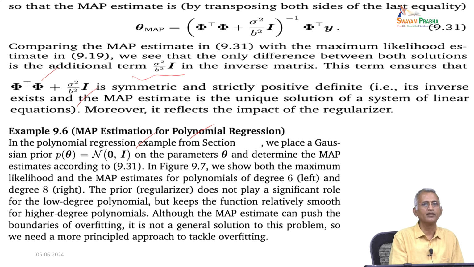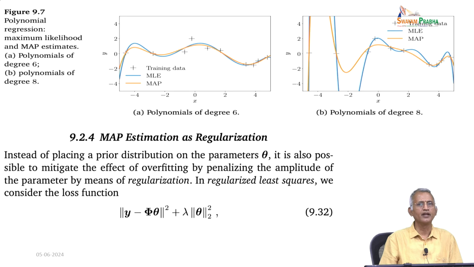In figure 9.7, we show both the maximum likelihood and the MAP estimate for the polynomial of degree 6 and degree 8. The prior does not play any significant role for the low degree polynomial, but keeps the function relatively smooth for higher degree polynomials. Although the MAP estimate can push the boundaries of overfitting, it is not a general solution to this problem. So, we need a more principled approach to tackle overfitting.